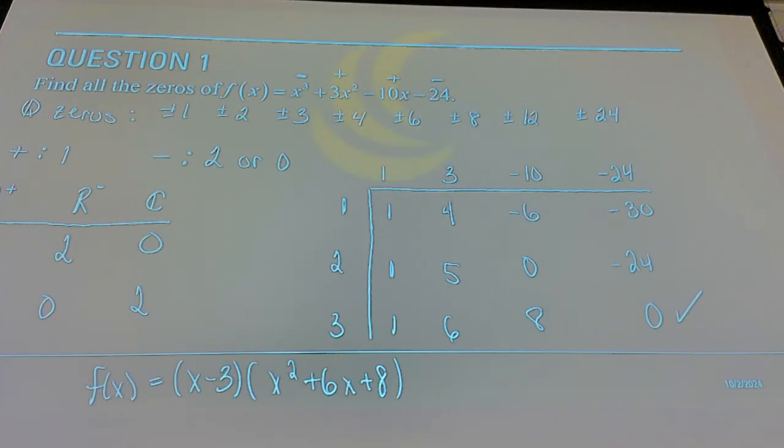That's quadratic, right? We can solve a quadratic. So we don't have to go through this process again. Can x squared plus 6x plus 8 be factored? Yeah. What does it factor to?